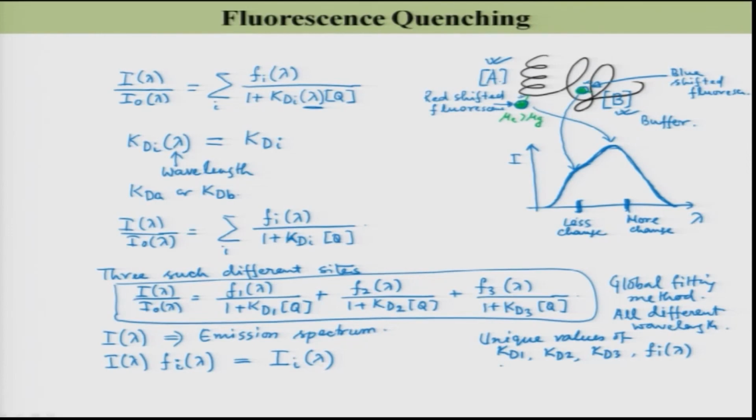Okay. And another piece of information I know is that the sum over i of Fi is equal to 1. That means you will get all these Fi lambda, and this is your measured spectrum.